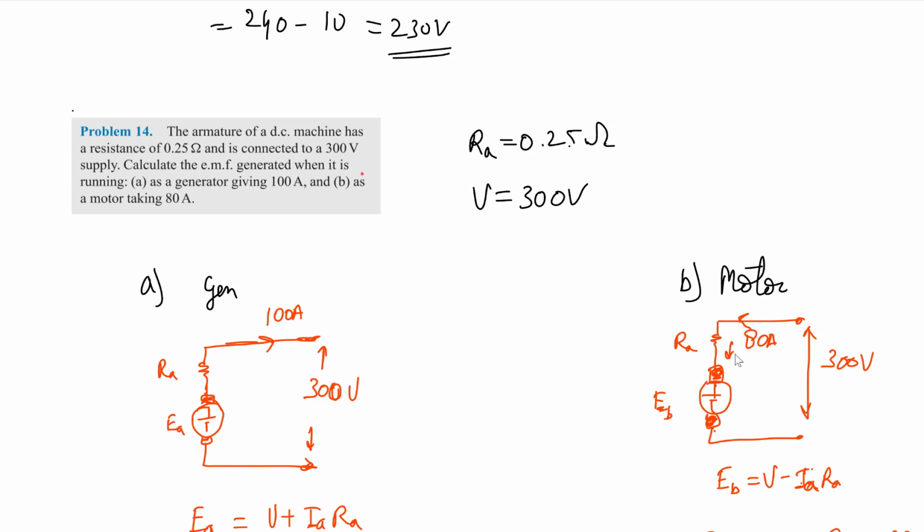When the current flows out of the armature, it is working as a generator and producing EMF. In the motor it is producing torque, while in the generator it is giving electrical energy. In the motor it takes electrical energy to produce mechanical energy, and the shaft produces torque.